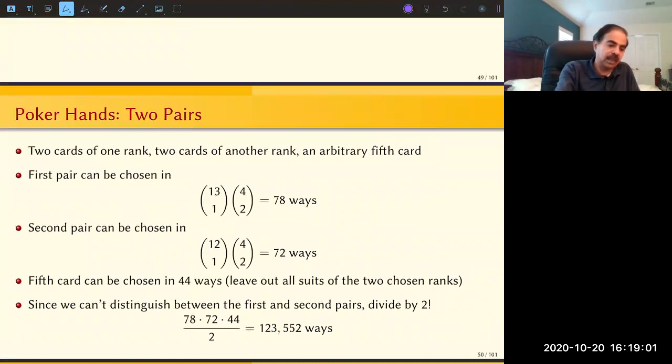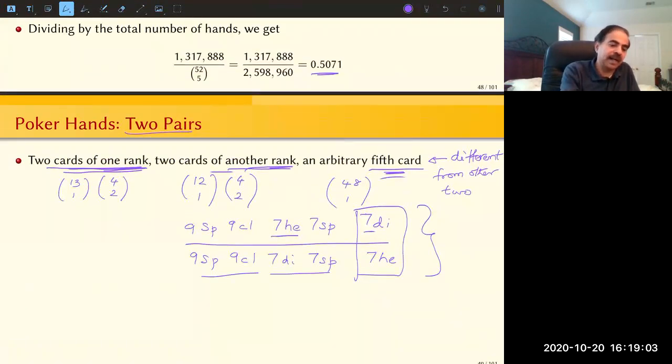So the double counting is just the first thing that was pointed out. We don't care which one is the first and second pair here, right? So obviously we could have flipped these two.